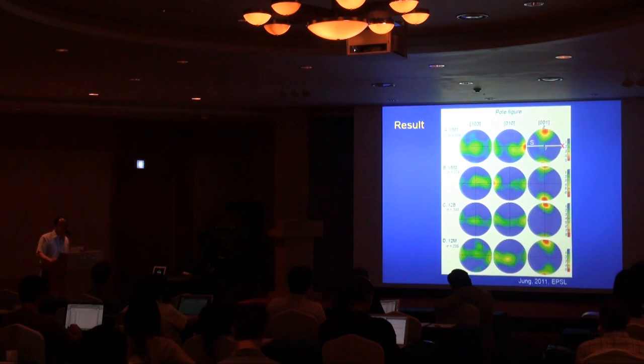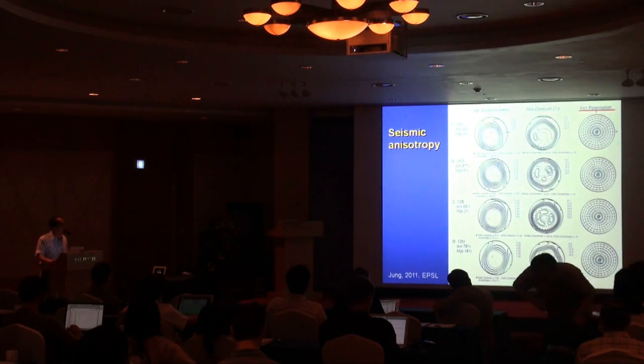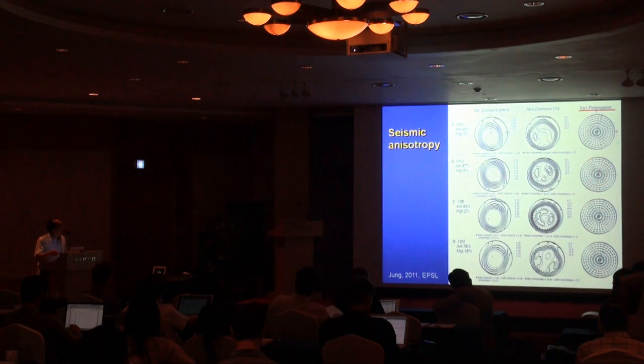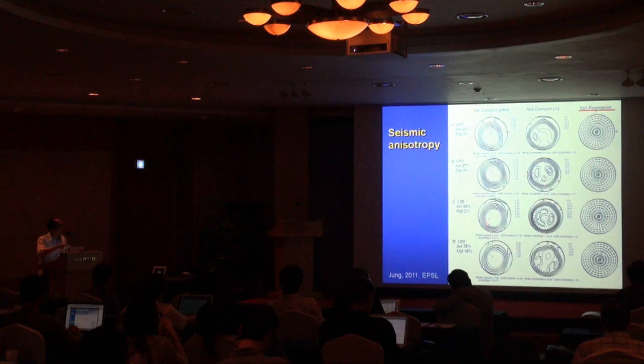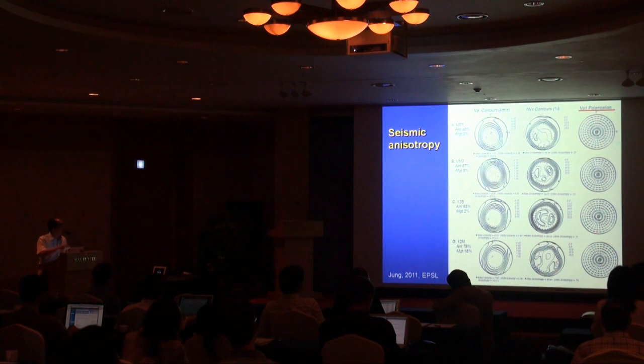Okay, using this fabric, I calculated the seismic anisotropy. As you can see here, P-wave anisotropy was about 23% for the sample containing 40% serpentine. The P-wave anisotropy increased with increasing serpentine content, up to, I cannot read well, but it was about 35% for serpentine 93%.